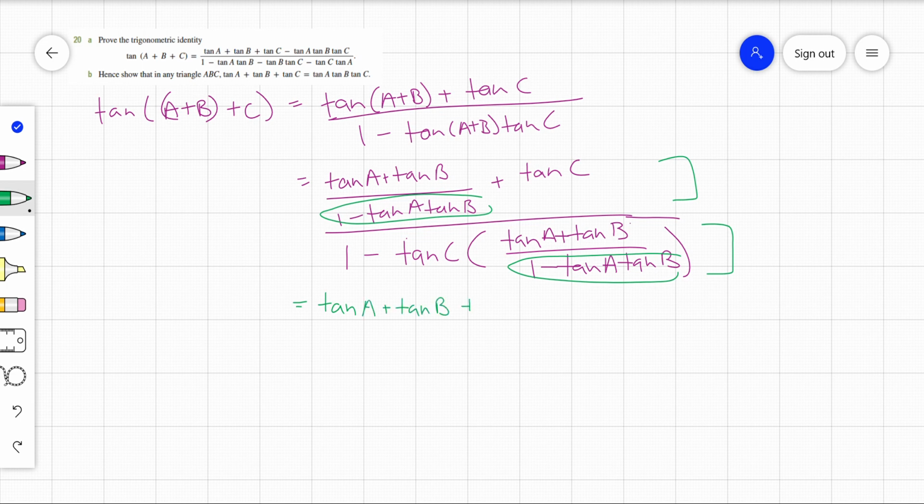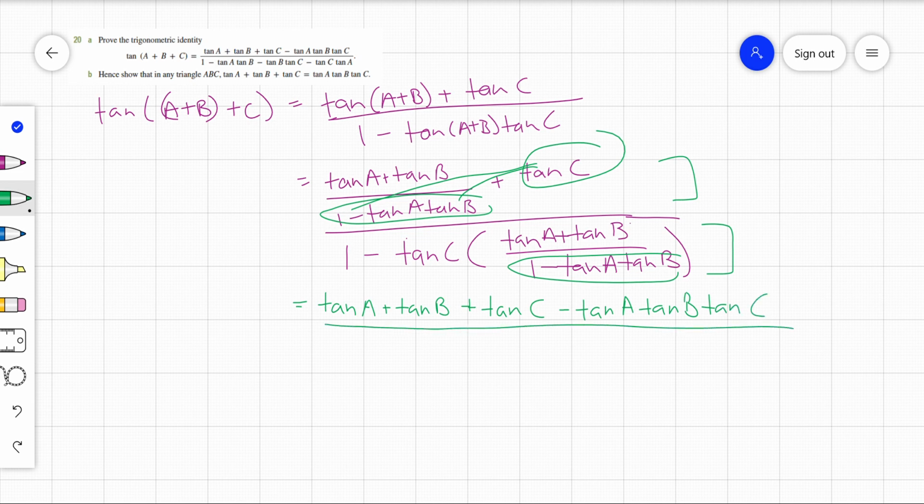So this tan c, I'm going to have to multiply by 1 minus tan a tan b: tan c times 1 is tan c, and then tan c times minus tan a tan b is minus tan a tan b tan c. I'm not going to write the denominator because it's the same.